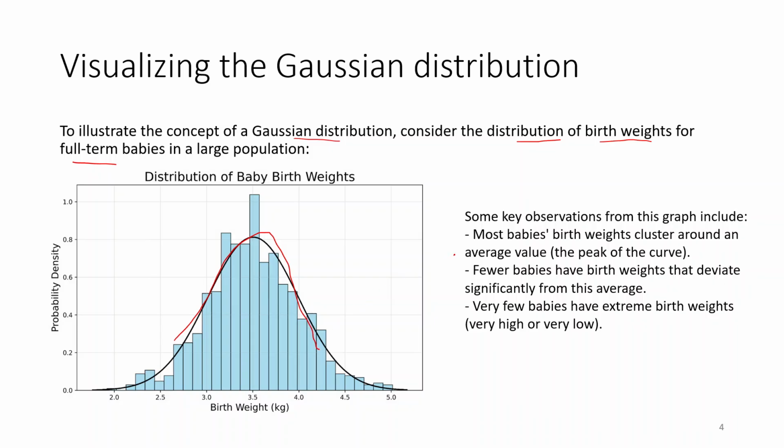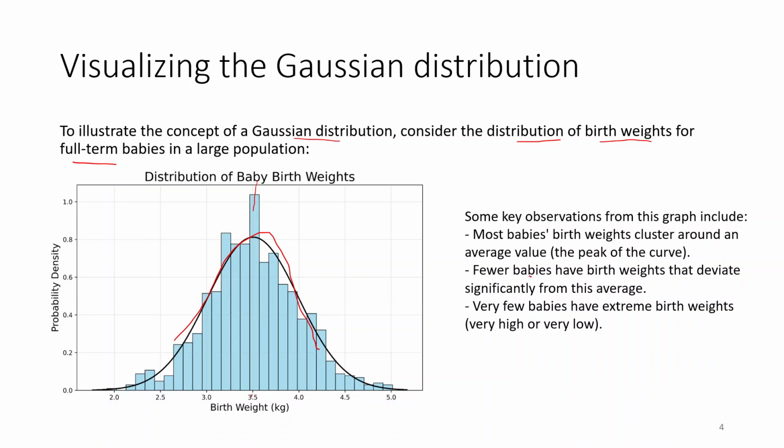What are the observations from this graph? Most babies' birth weights are clustered around the average. The mean average is around 3.5 here if we take the center point. Baby birth weights are clustered around this average value, the peak of the curve.